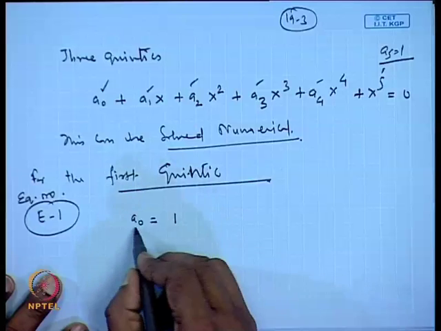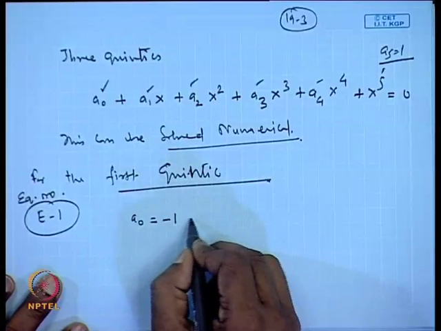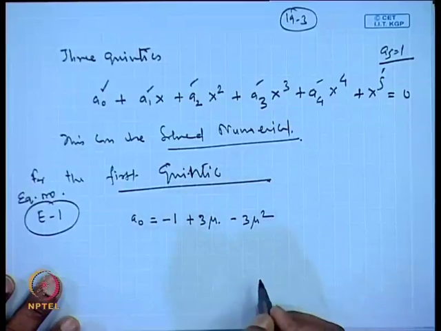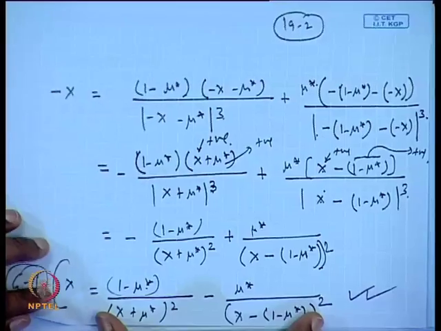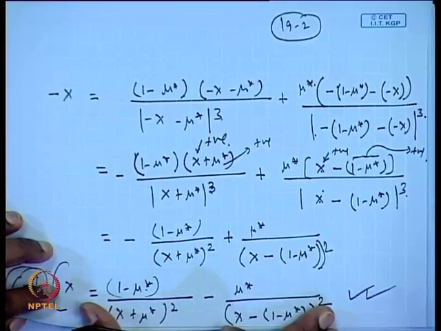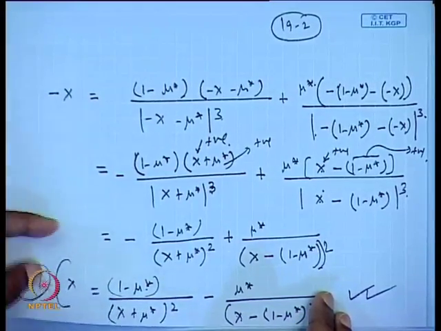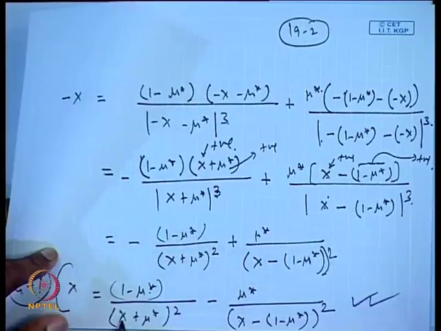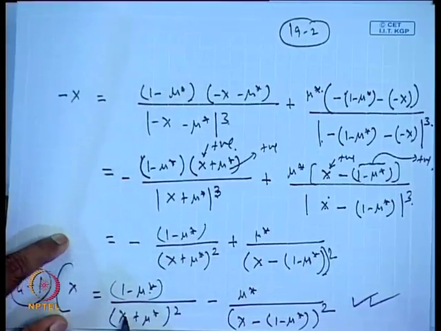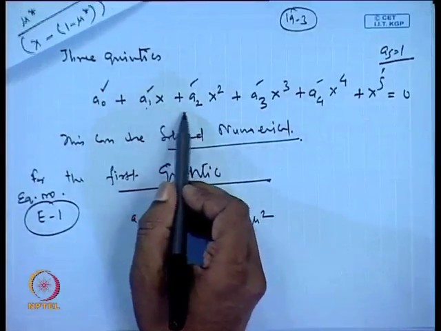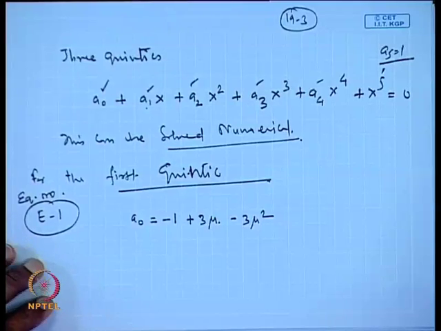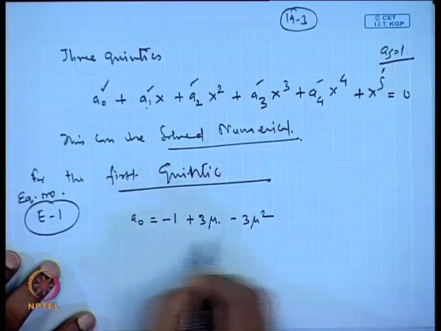So A 0 becomes minus 1 plus 3 mu. While writing this equation in polynomial format, you collect the x terms with the same degree together, and therefore these coefficients appear here. It has to be done with great patience.